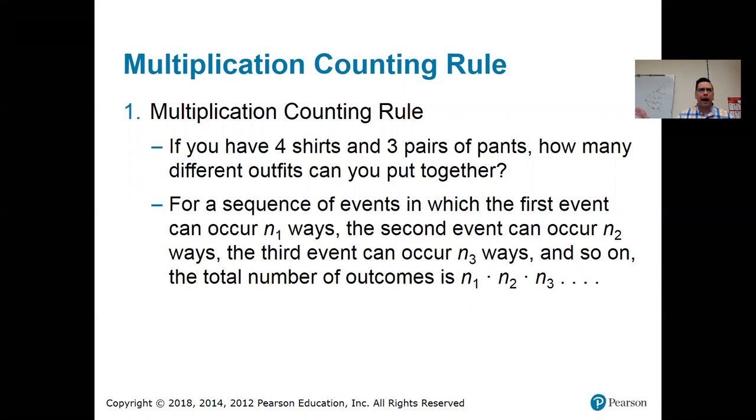I could include socks, I could include shoes, whatever I want. But the point is that you multiply all those numbers together. So if your first selection can be made n1 ways, your second selection can be made n2 ways, et cetera, et cetera, et cetera, the total number of outcomes, you just multiply all those numbers together.